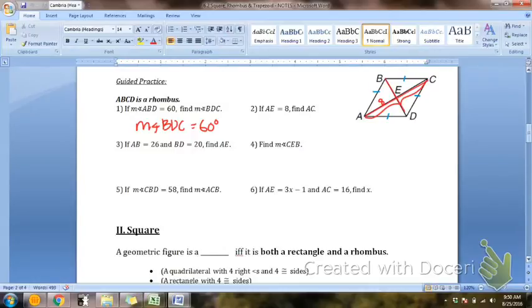The diagonals are not the same, but the diagonals do what to each other? They bisect each other. They cut them in half. So if AE is 8, how much is EC? 8. Right? So if I add 8 plus 8, I should get 16. So you could show your work saying 8 times 2 is 16. So AC equals 16.